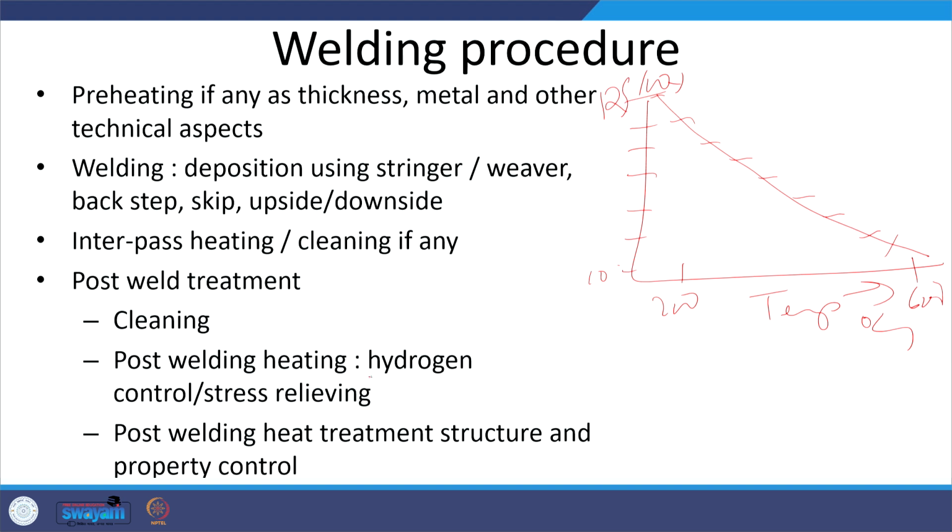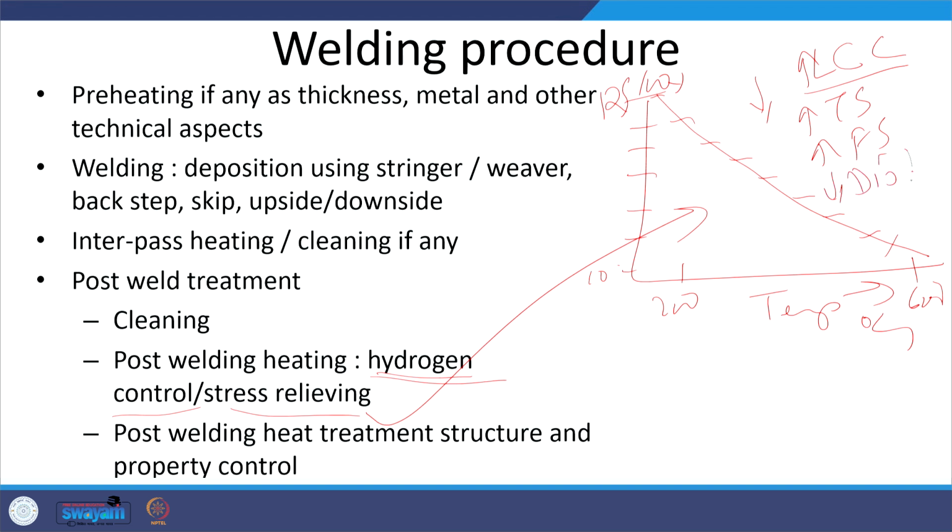Post heating of the weld will not just remove the hydrogen, but also help in relieving the residual stresses. Once the residual stresses are relieved, then our load carrying capacity (LCC) is enhanced, our tensile strength is improved, our fatigue strength is improved, and the distortion tendency is minimized. So, all these things will go in our favor.